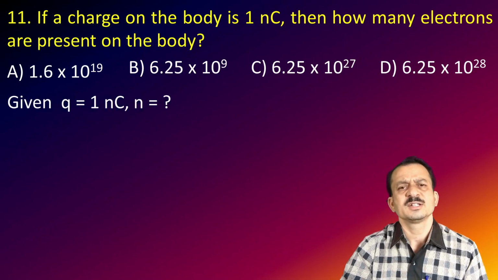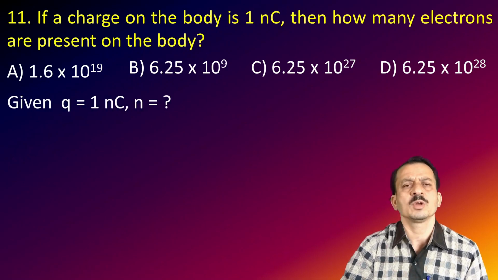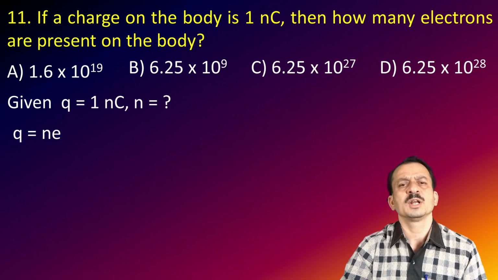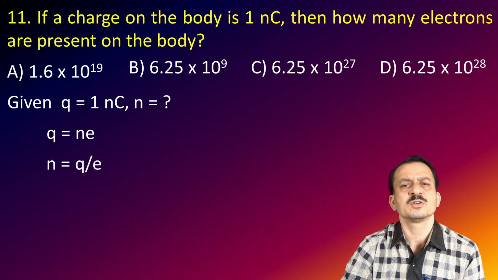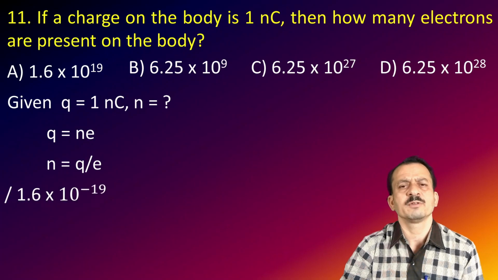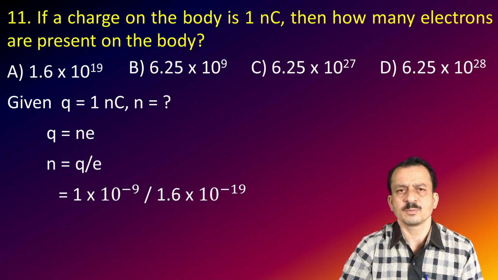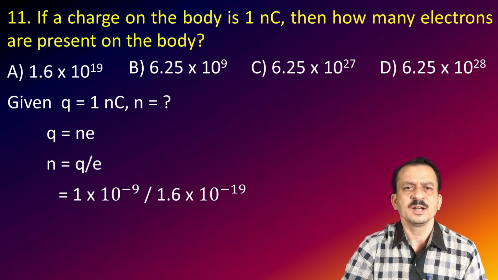Given charge Q is equal to 1 nanocoulomb; nano means 10 to the power of minus 9. The simple formula here is Q is equal to N into e. We have to calculate the number of electrons N, therefore N is equal to Q by e. Now substitute the values: 1 into 10 to the power of minus 9, divided by the charge of the electron, 1.6 into 10 to the power of minus 19.